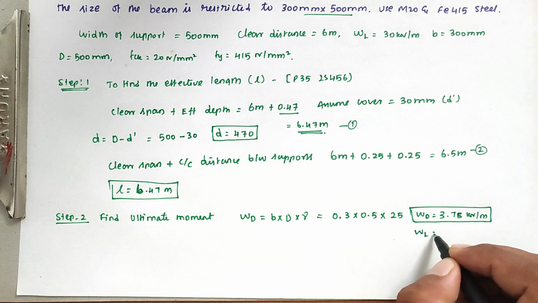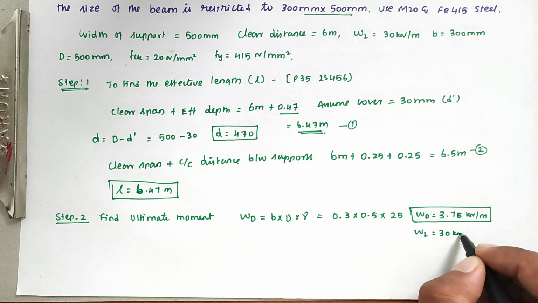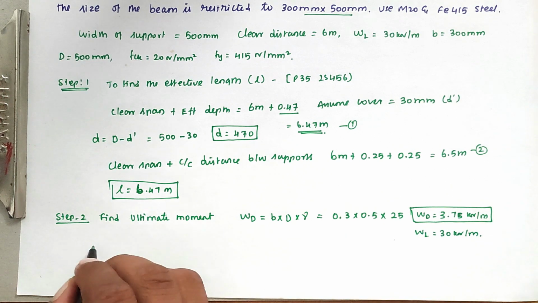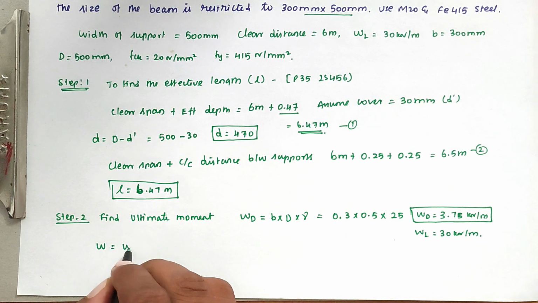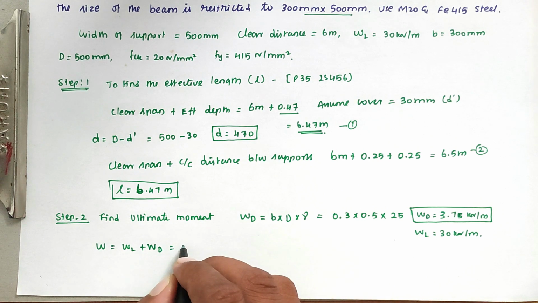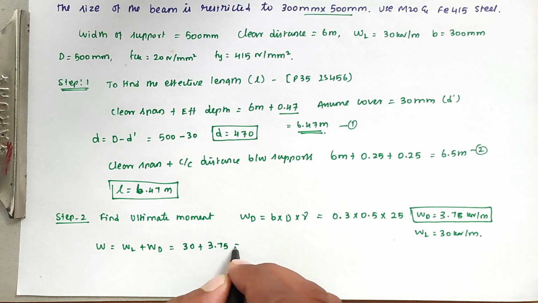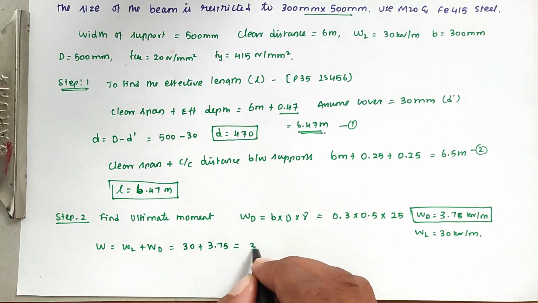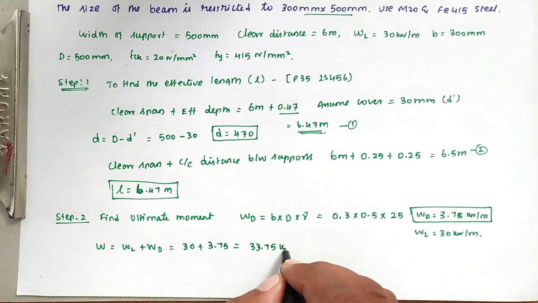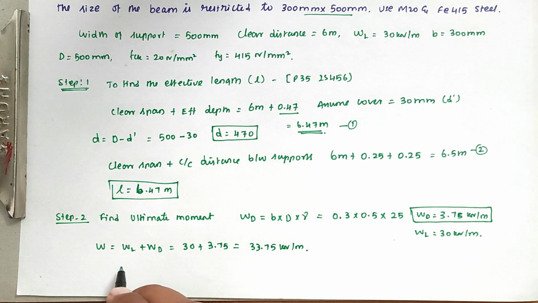The live load WL is given as 30 kilonewton per meter. So the total load equals WL plus WD, which is 30 plus 3.75. Totally we have 33.75 kilonewton per meter. From that we can find the ultimate load.